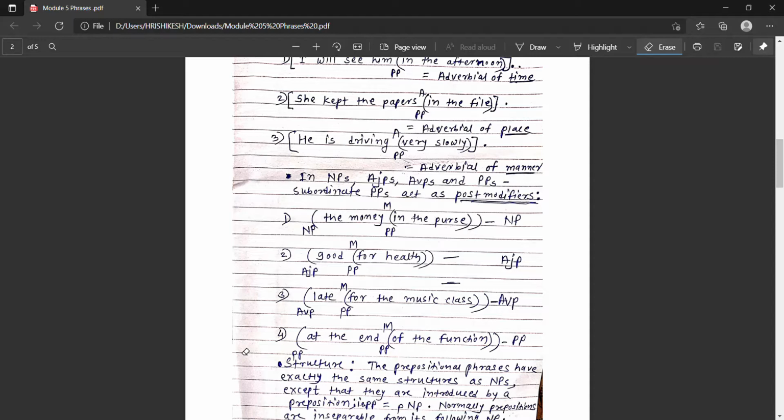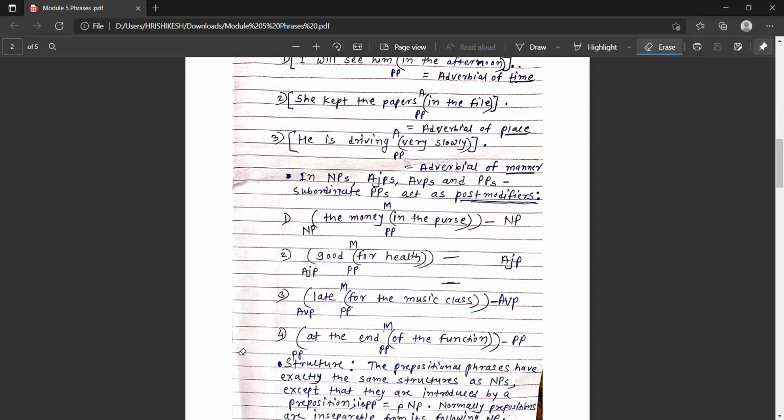In the fourth example, at the end of the function, in the prepositional phrase at the end, at is again a preposition. In the one prepositional phrase, there is another subordinate prepositional phrase which functions as a post modifier. Okay, of is here a preposition. That's why of the function is a prepositional phrase but functions as a post modifier of which phrase?